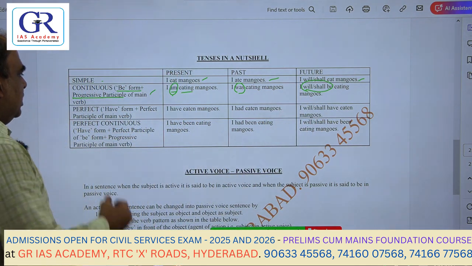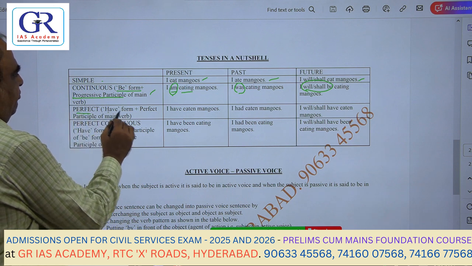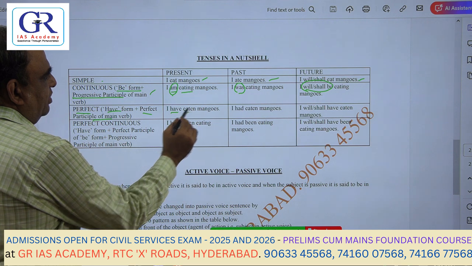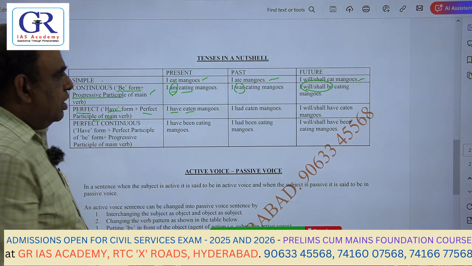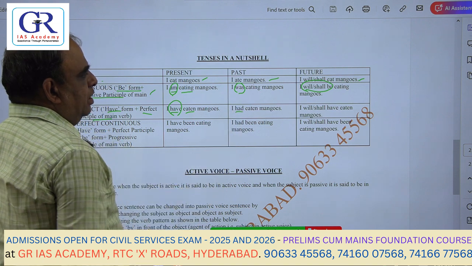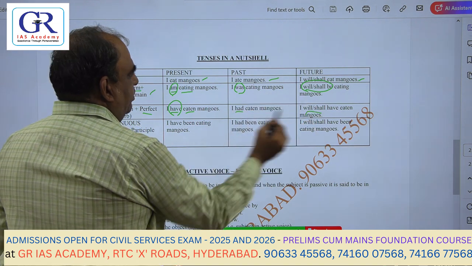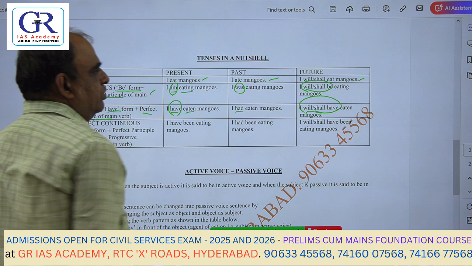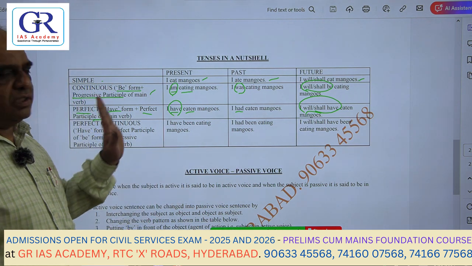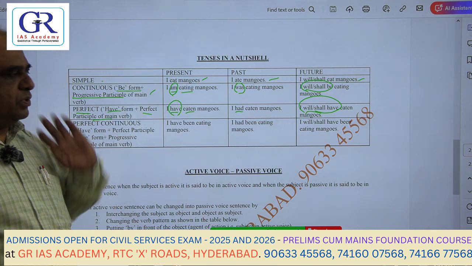Okay. Similarly, when you go for the perfect tense, have form and perfect participle of the main verb. Now I want to tell the same in the past. Have will become had. I want to change it into future. Have will become will or shall have. Okay. The structure is the same, whether perfect structure or continuous structure or simple structure.